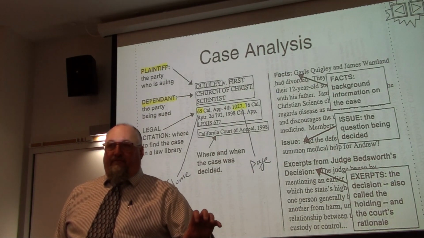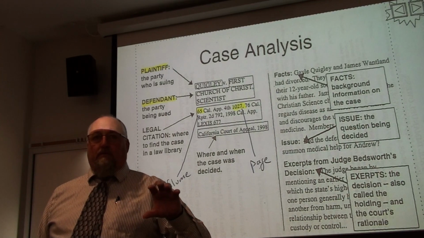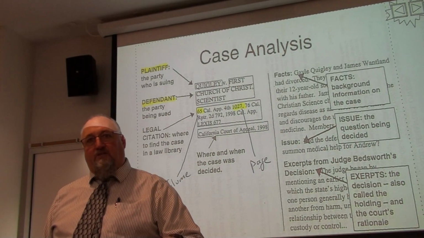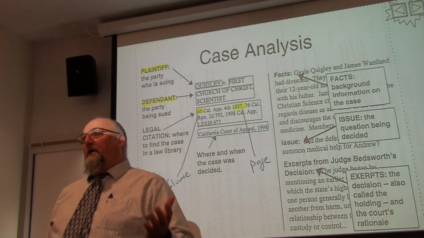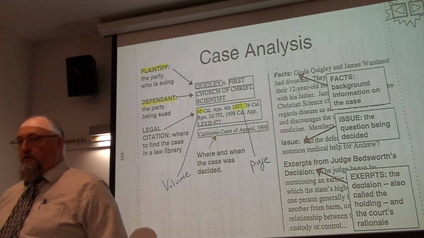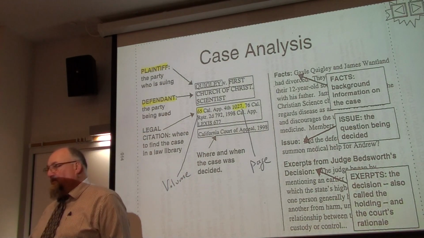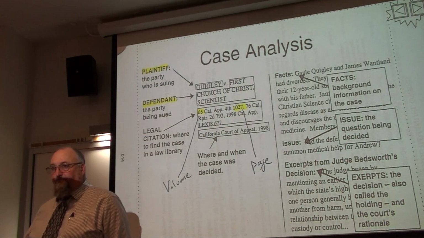The plaintiff is the party that has initiated the lawsuit in a civil case. In a criminal case, it would be the government that has initiated a prosecution. So the plaintiff is the party that is filing the lawsuit.